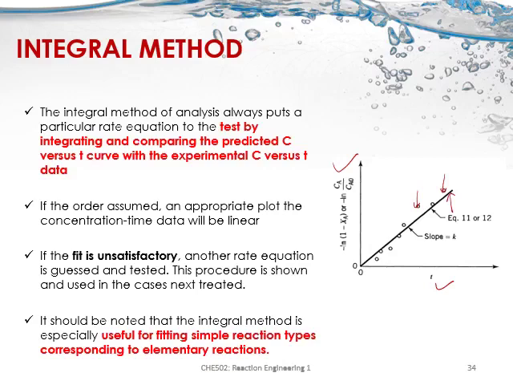Fits here means it gives you a satisfactory R square value, more than 0.95, I suppose. Or else, if you are comparing four orders, zero, first order, second order, and third order, for example, choose the highest linear regression coefficient among these four. It means your experimental data can be fitted to that order.